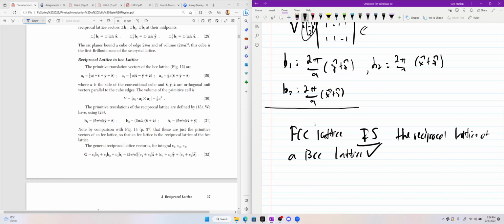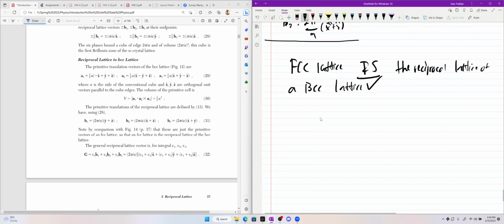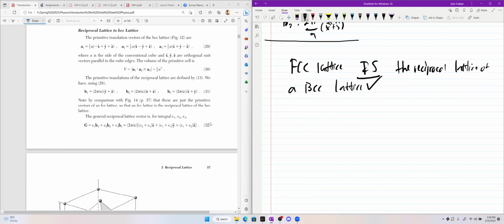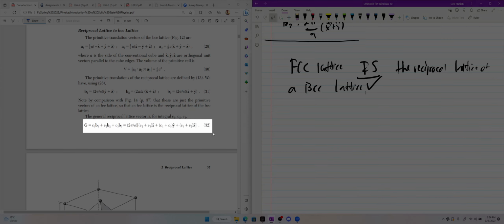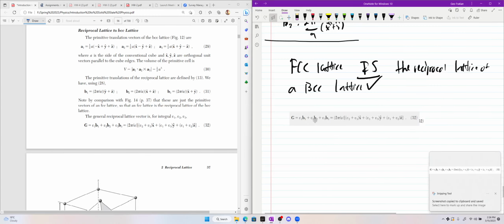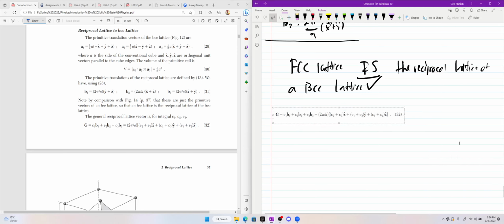Kind of crazy. So the general reciprocal lattice vector is, I'm just going to screenshot this because I'm not writing all that. It's a lot. It's v1 b1 plus v2 b2 plus v3 b3, which you can take the 2 pi over a and then plug in our values for v1, v2, v3, and so forth.